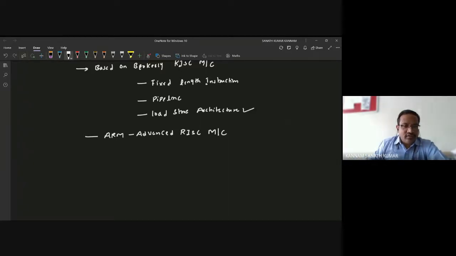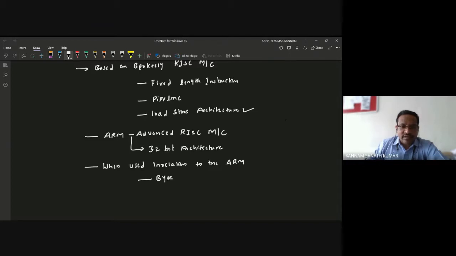And this is a 32-bit architecture. 32-bit architecture means it will process 32 bits of data, and all the registers are 32-bit only. When used in relation to the ARM, you need to know some terminology.